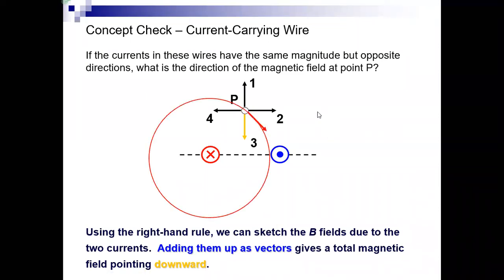Look at this figure. So this is some practice for the right hand rule.